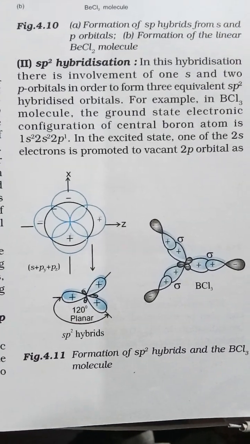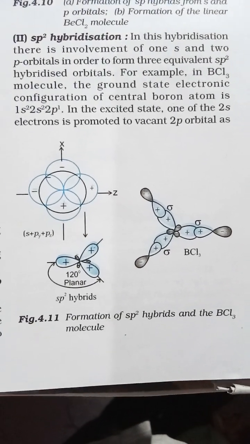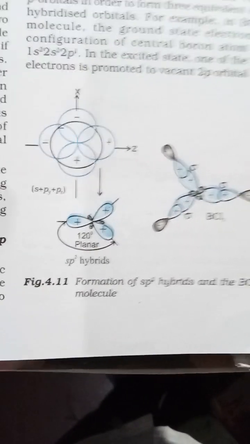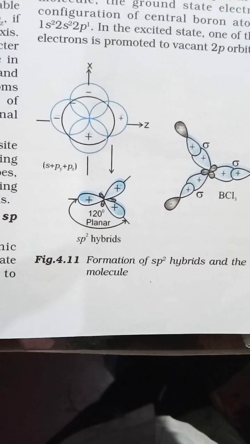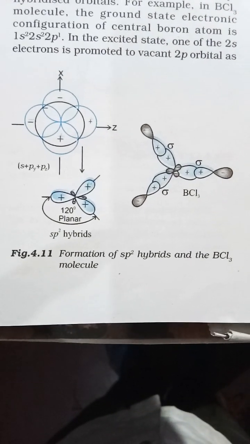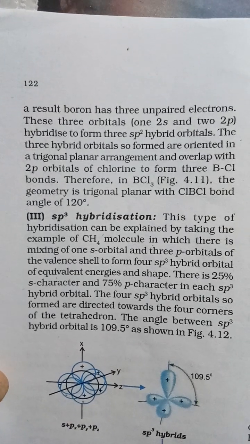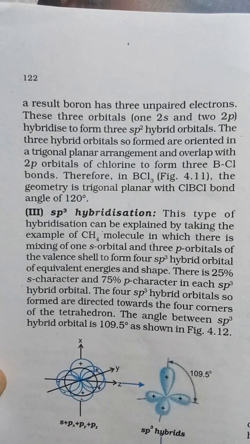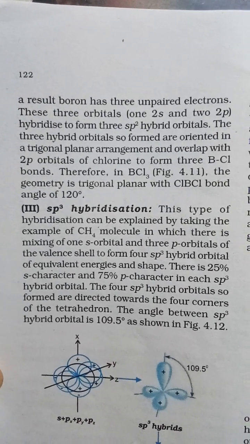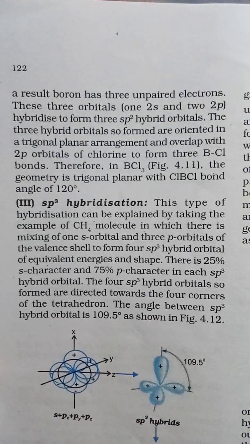In the excited state, one of the 2s electrons is promoted to a vacant 2p orbital, as you will see here in the figure, the formation of the sp2 hybrids in the BCl3 molecule. As a result, boron has three unpaired electrons. These three orbitals, one 2s and two 2p, hybridize to form three sp2 hybrid orbitals.